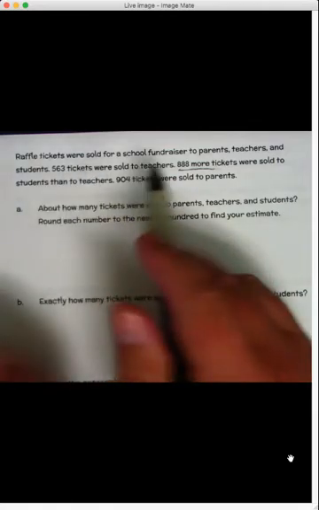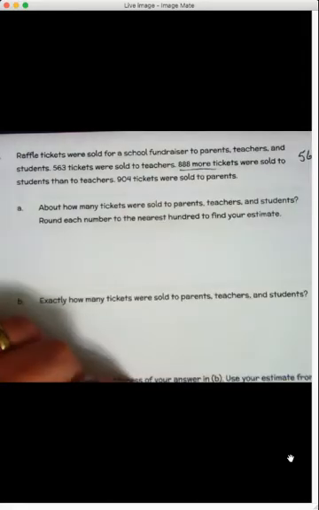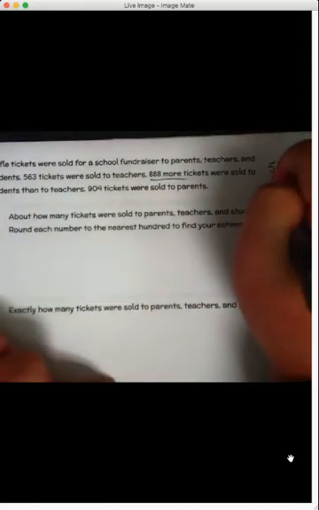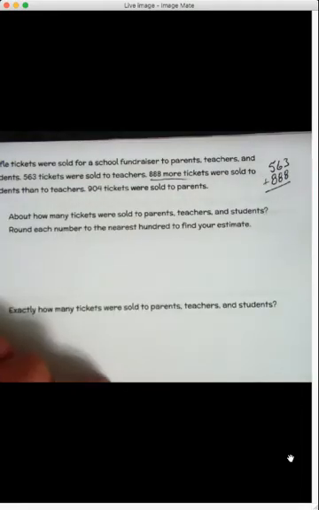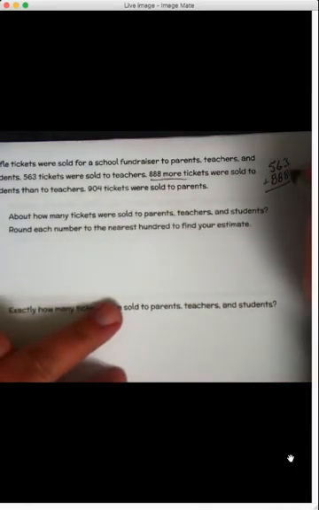And what we know is there were 563 sold to teachers, and there were 888 more than that sold to students. So we need to find the exact number by adding these two together. 3 plus 8 is 11.